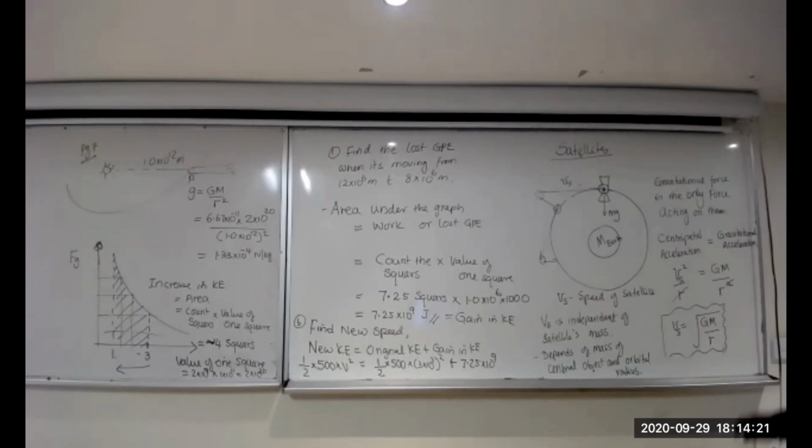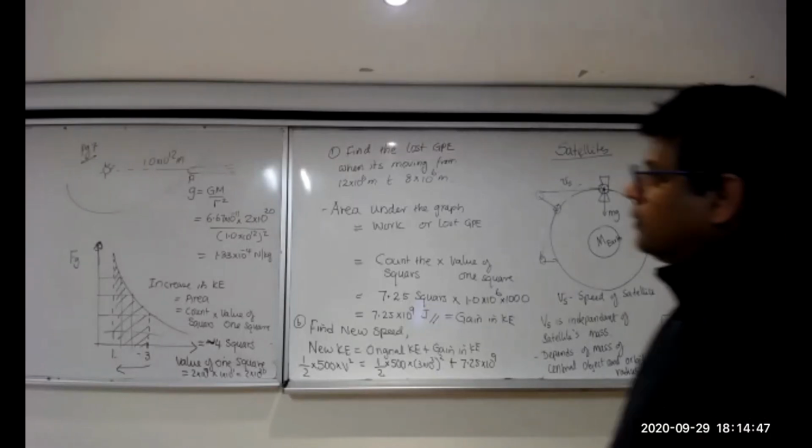So always make use of this equation to justify that as long as you place it in the same orbit, the speed of the satellite remains the same. Same orbit, same speed. Because it does not depend on the mass of the satellite.